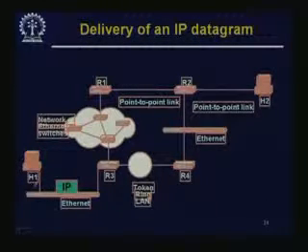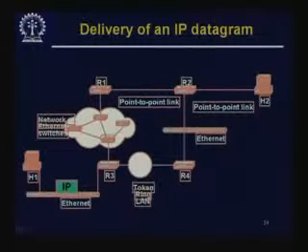A particular host puts an IP datagram on the local Ethernet. If it is destined for outside, it will eventually reach the local router, and the router will decide whether to give it to another network. It may be an Ethernet network of Ethernet switches, it may be a token ring, etc. Through different networks it proceeds through the routers.